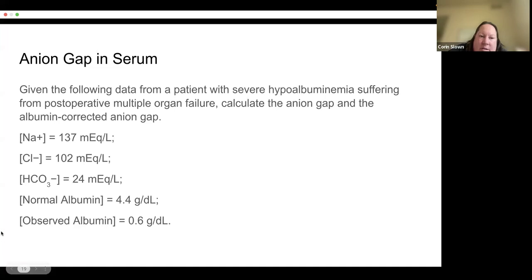So the first calculation that we're going to do here is, remember, we've got our sodium cation, and we're going to subtract our chloride anions and our bicarb anions.